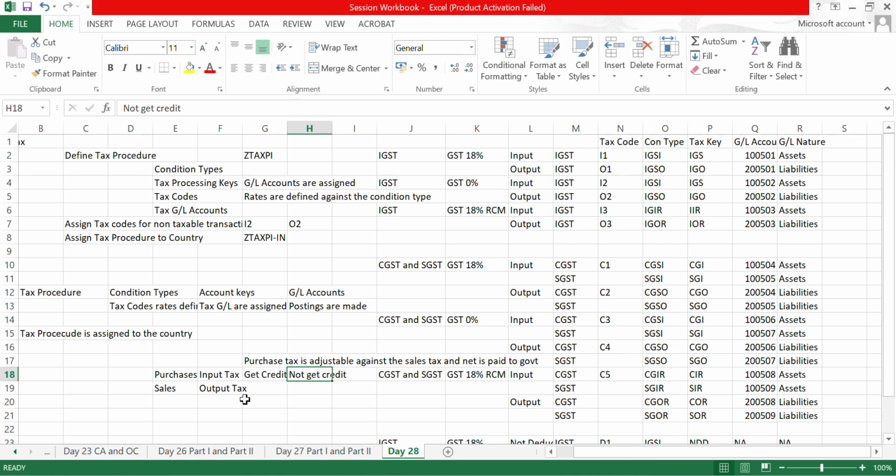And non-creditable tax, input tax means we will not be able to adjust the input taxes against the output. We have to make the full output tax payment to the government. Similarly, some of the taxes might be payable under the reverse charge as well.